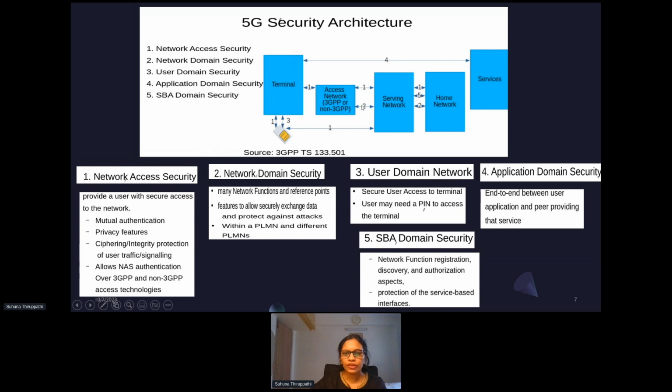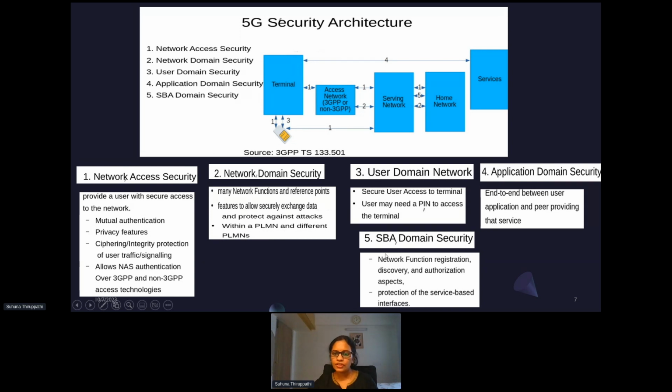And network domain security allows securely exchanging data and protects against the attacks between the PLMN to different PLMN, basically between the serving network to home network.